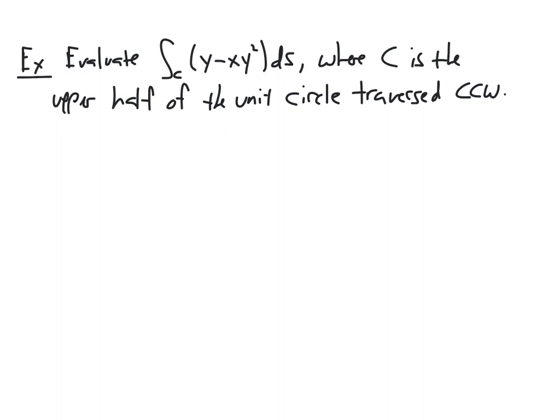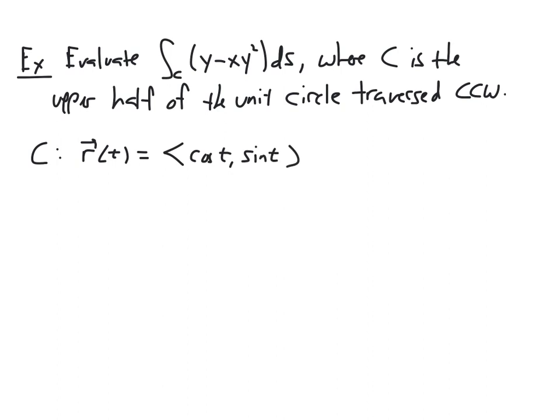The first thing we need to do is to find a smooth parameterization of our curve C, in this case the upper half of the unit circle. And we know that this can be done many different ways when we studied vector functions. So one of the common ways to get a counterclockwise unit circle is by taking the x-coordinate to be cosine of t and the y-coordinate to be the sine of t.